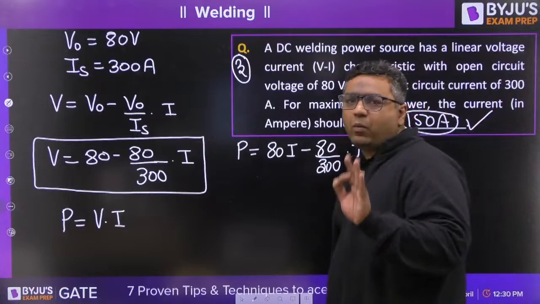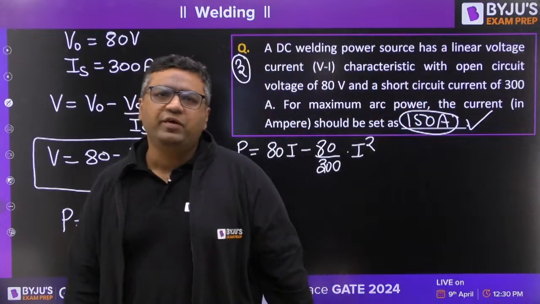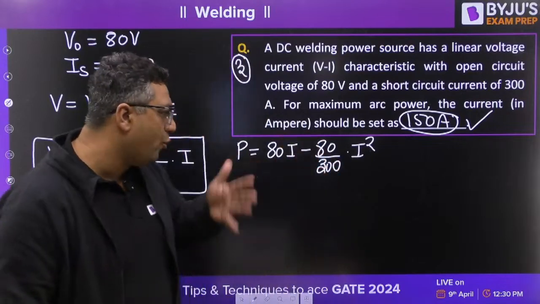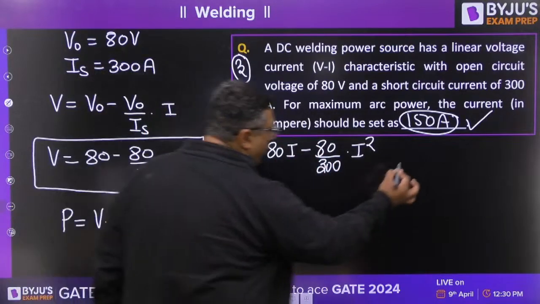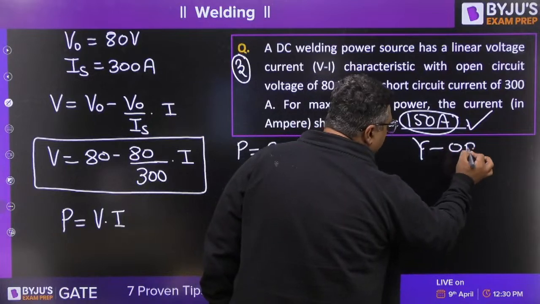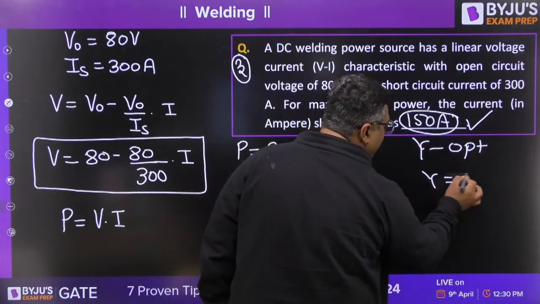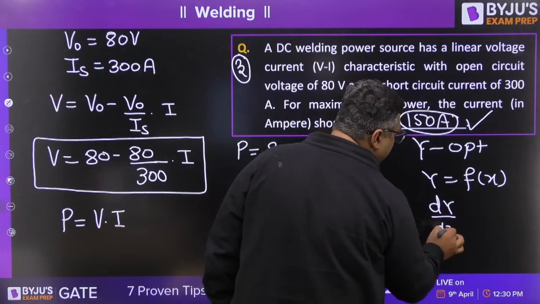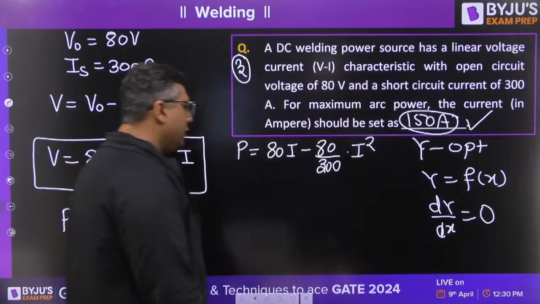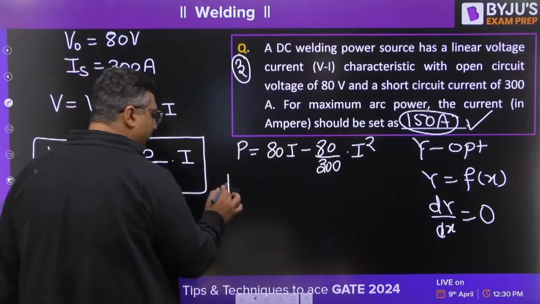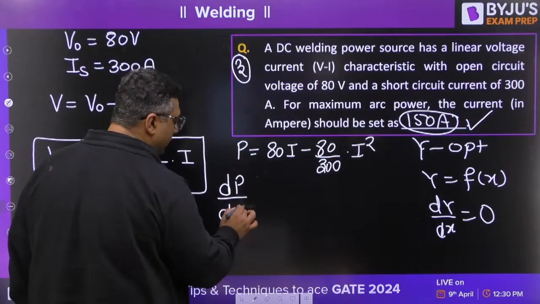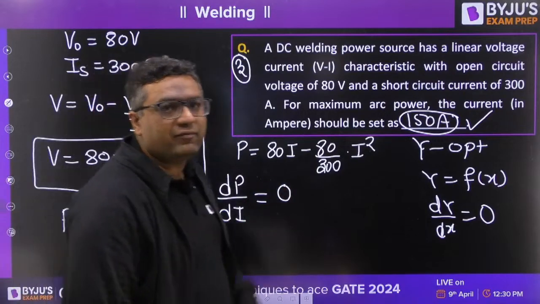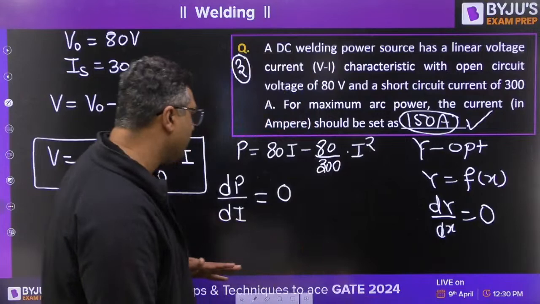Now we have power in terms of current, so we have only one variable, that is current. If I want Y to be optimum and Y is a function of X, then I go for dy by dx and equate it to 0. So here also I will go for dp by di and equate it to 0, and then I will get the value of I for the maximum power.